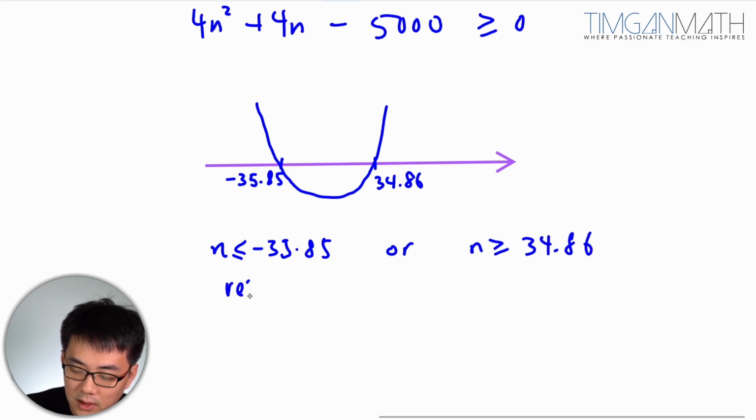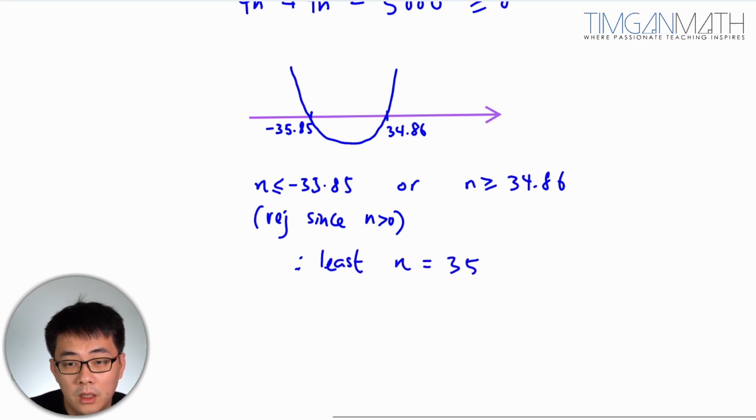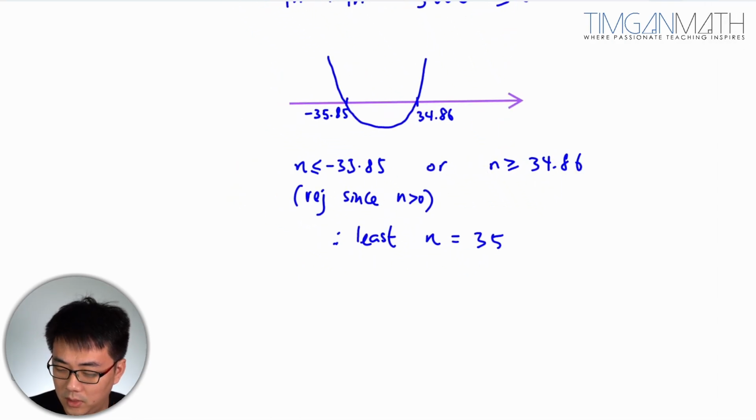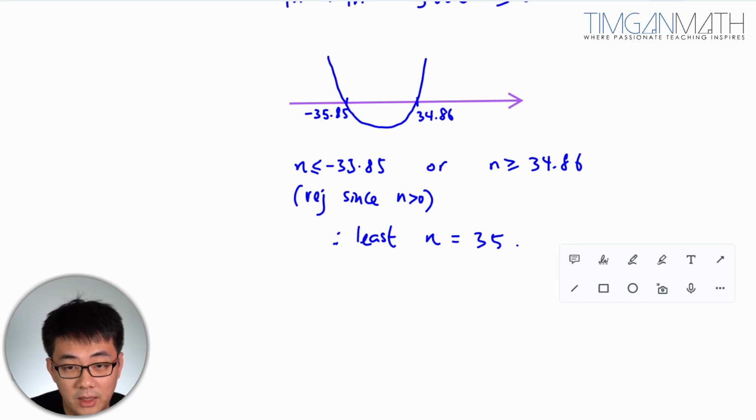So this is rejected since n is of course an integer value. n is positive. So hence least n is 35. Okay, the complete run. So least n is 35, the least number of stages.